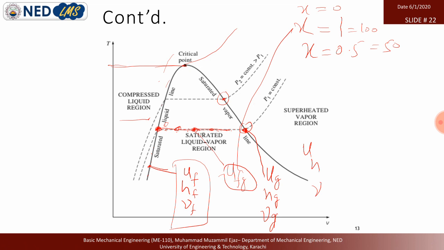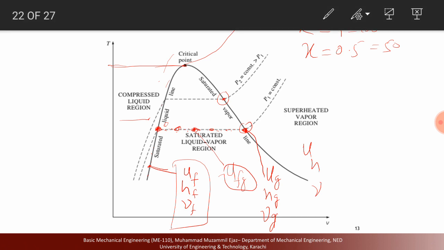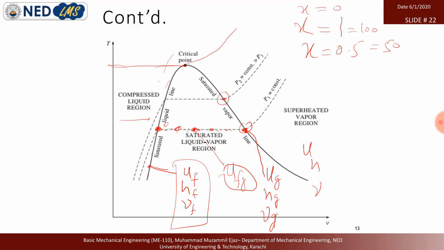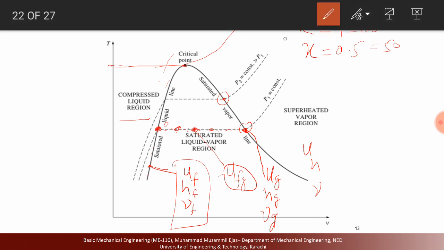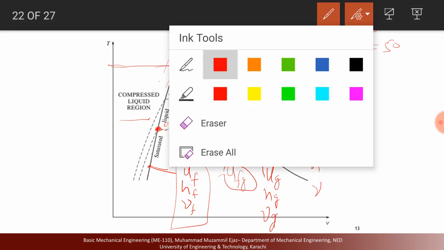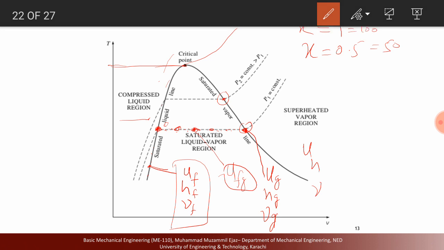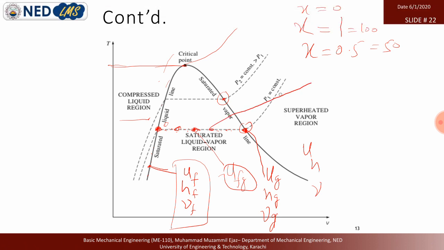Suppose we need to calculate the property here, and the quality of steam is 0.6 over there.